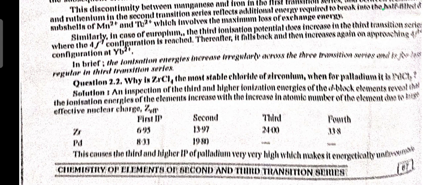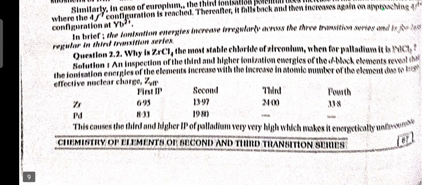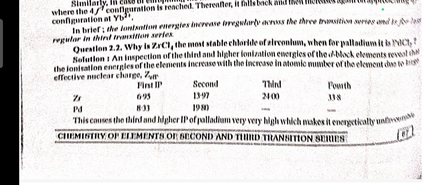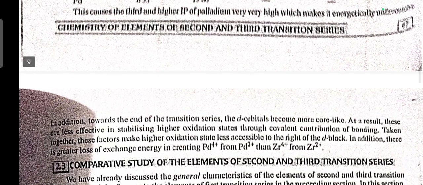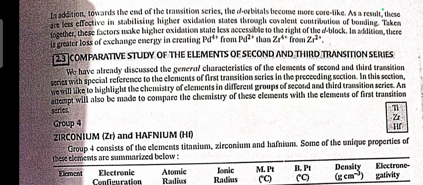An inspection of the third and higher ionization energies of d block elements reveals that the ionization energies of these elements increase with the increase in atomic number due to large effective nuclear charge. This causes the third and higher ionization energies of palladium to be very high, which makes the lower oxidation state energetically favorable. In addition, towards the end of the transition series, the d orbitals become more core-like.